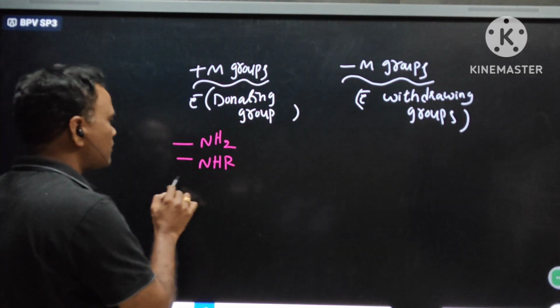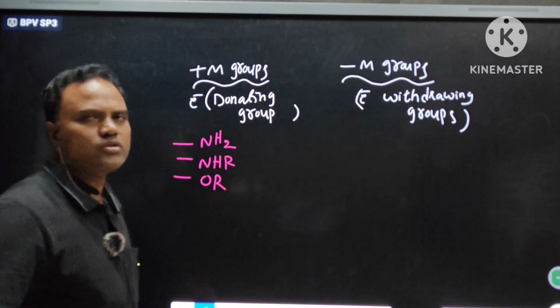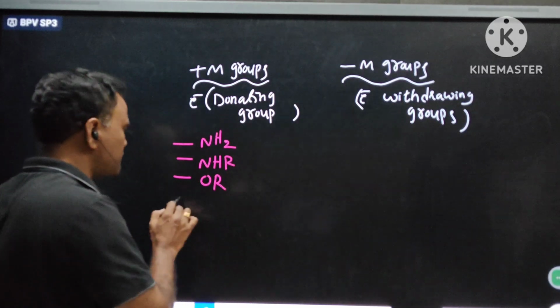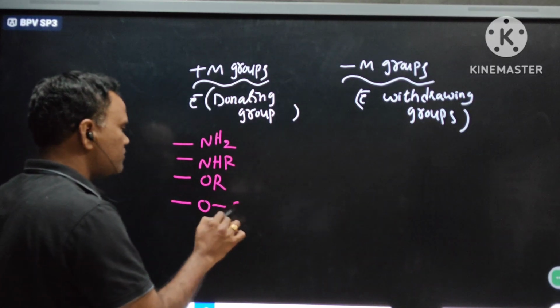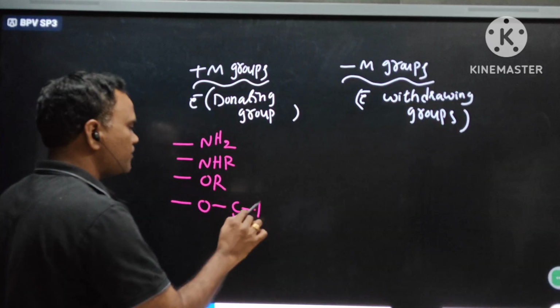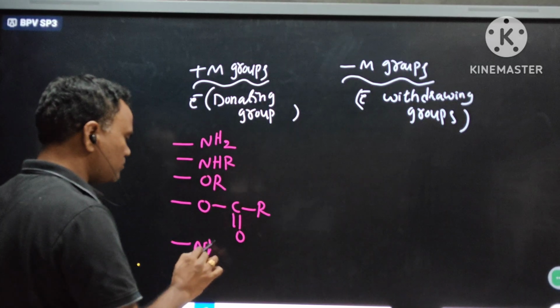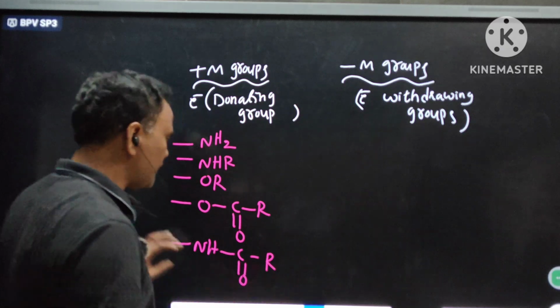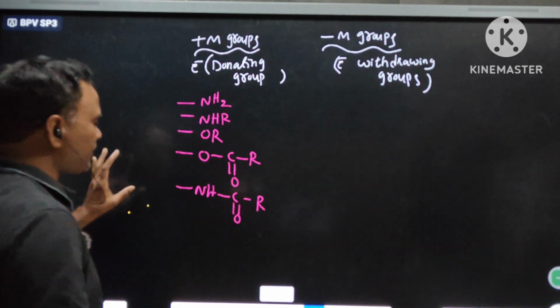NH2, NHR, OR. OR stands for OCH3, OC2H5, like that. The ester group is also a plus M group. Amide is also a plus M group. And the methyl group, actually its effect is hyperconjugation.